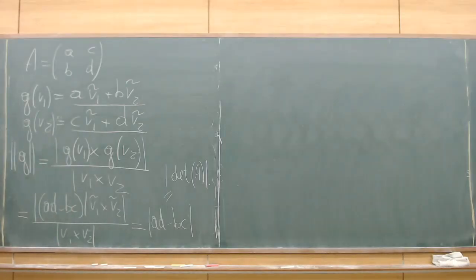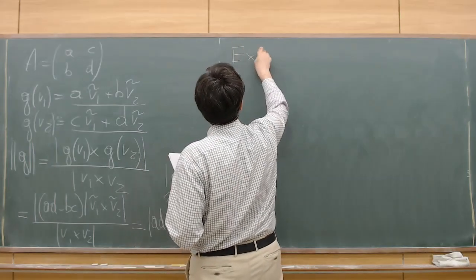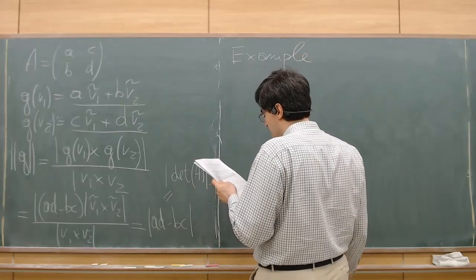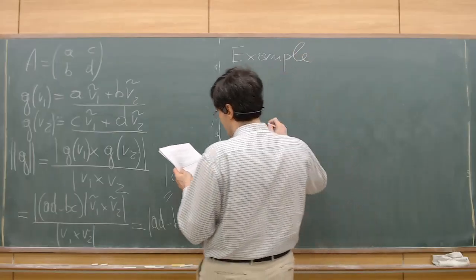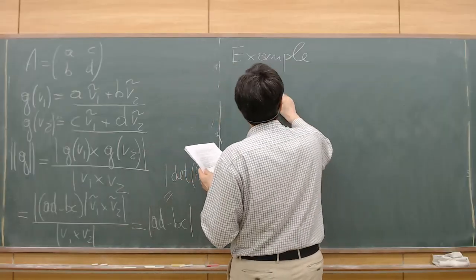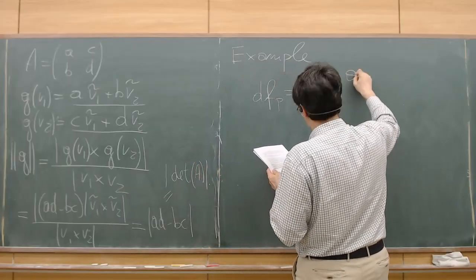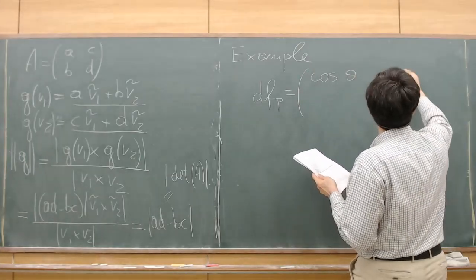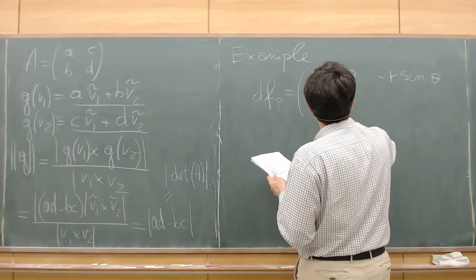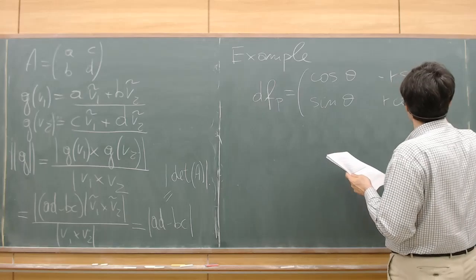Okay, let's see one simple example. Consider the map DF represented by this matrix: cosine of theta, minus r sine of theta, sine of theta, r cosine of theta.